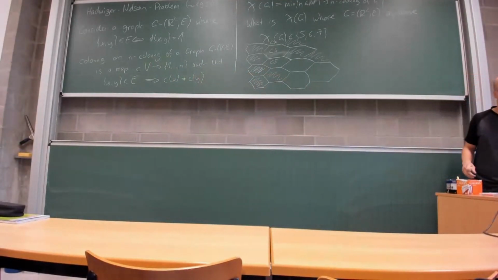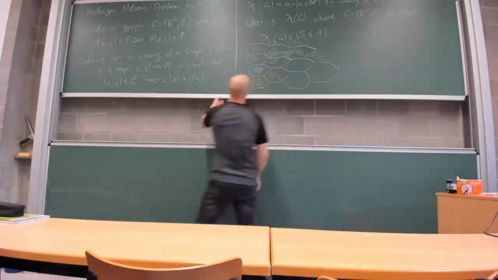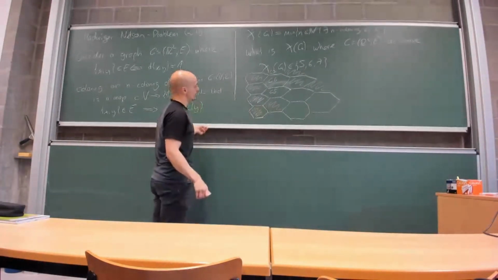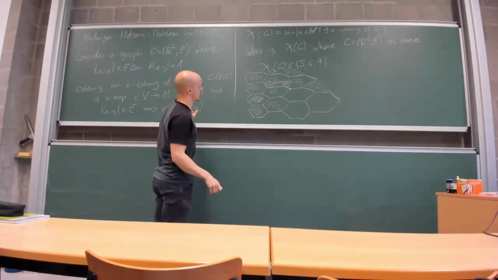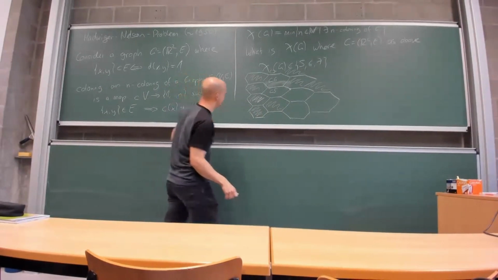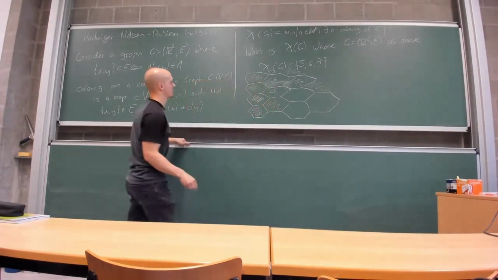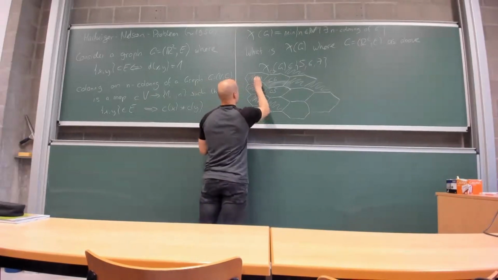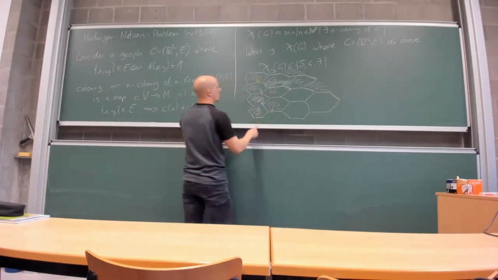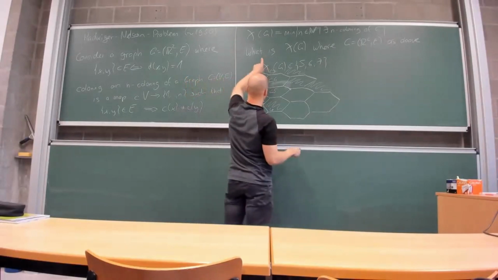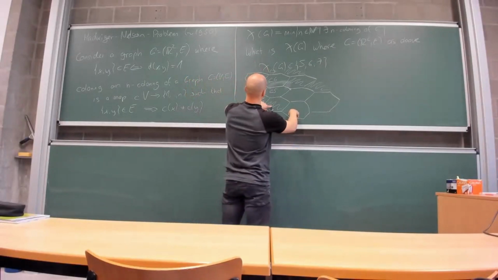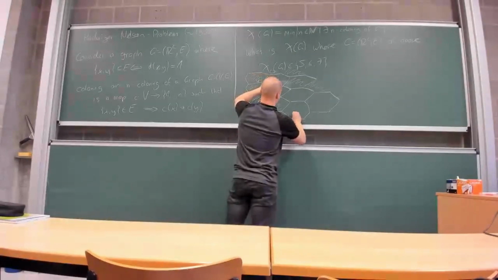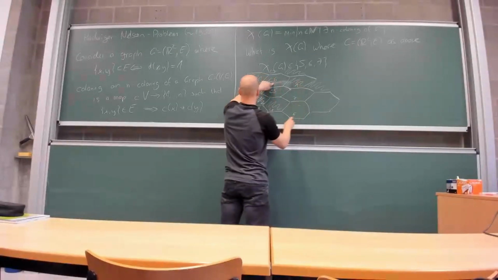Not totally clear to me. Maybe because the colors are not distinguishable enough. Maybe write the numbers. So 1, 2, 3, 4, 5, 6, 7. And this one should be 6, 7, 1.